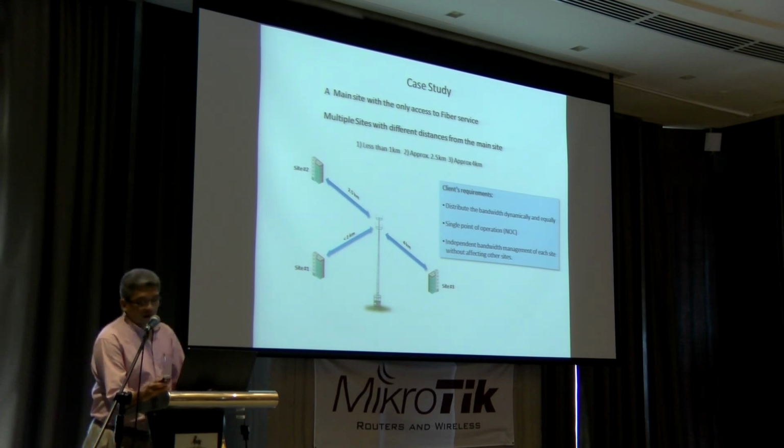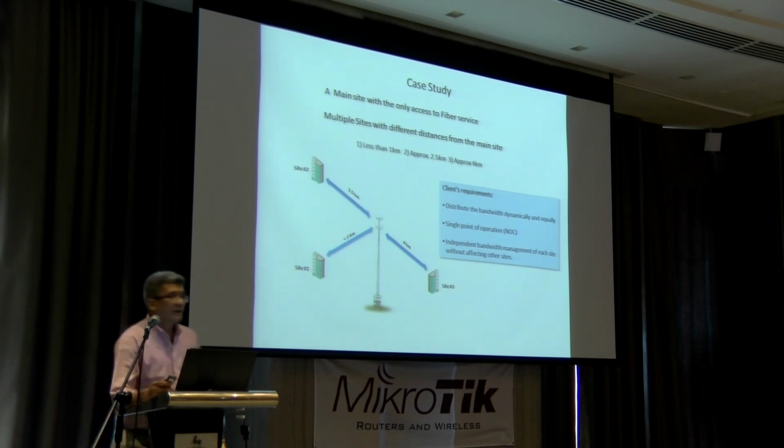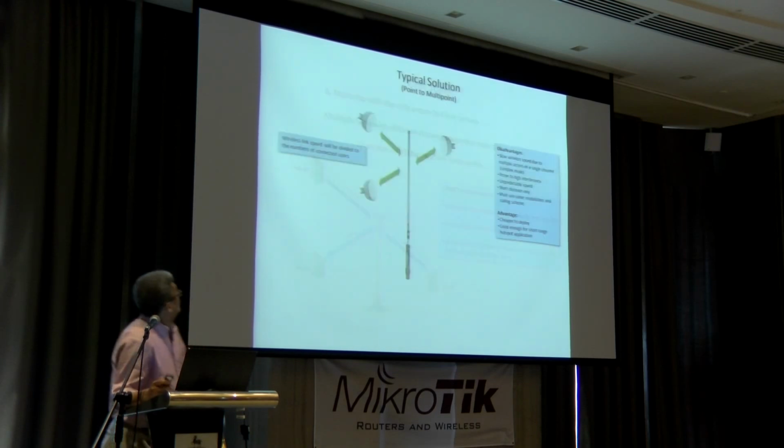Before I go on with the presentation, we will look at the most typical solutions that I have seen and the problems associated with them. Now, this is a typical point to multipoint solution. I've seen this kind of deployment many times, done by my clients, sometimes done by their contractors.